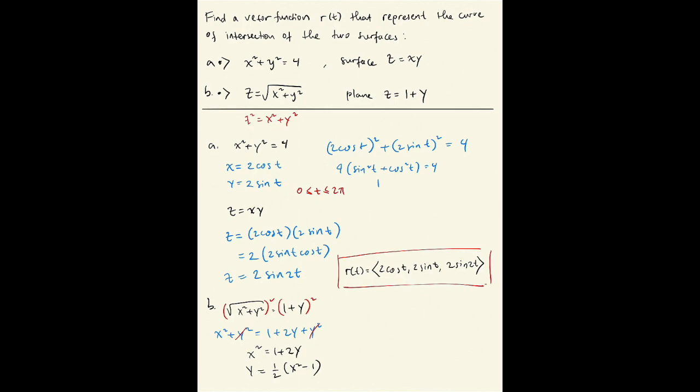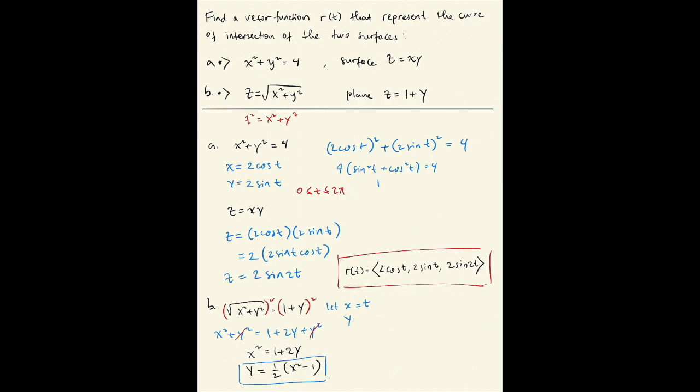So in this case, see this y here? The y itself has x squared inside, right? So what if I say let x equal t.